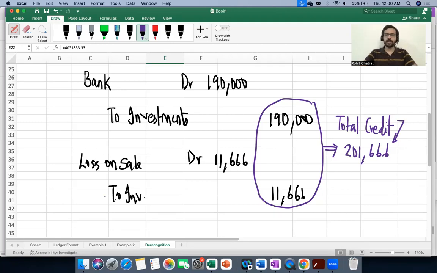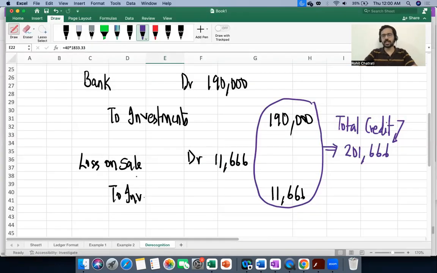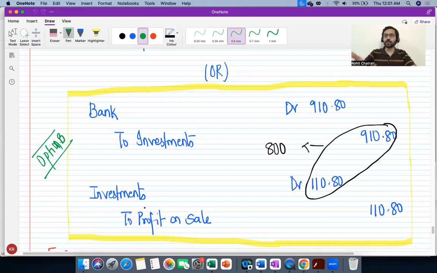Now, in case you have a doubt, in the previous example that we did in part one of the lecture, we debited investments in the second journal. Over there, we debited investments to the tune of 110, whereas now in this illustration, we have credited investments. If you are confused as to why we debited over there and why we credited over here, the answer is because we had a profit over there and we have a loss over here. Profits or gains are supposed to be credited.